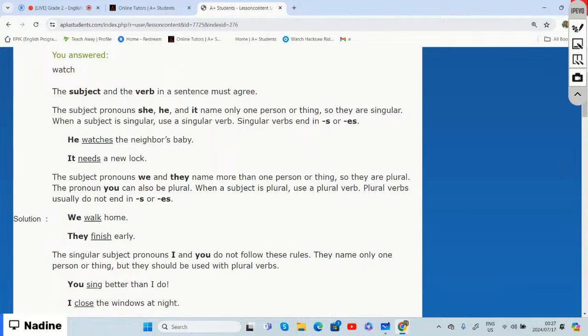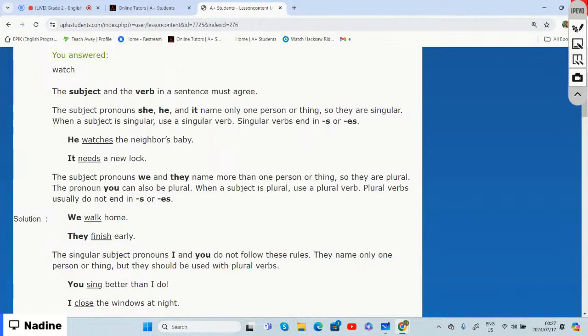Which means that our pronoun takes the place of a noun. So instead of saying the person's name, we can just say he or we can say she. And that refers to us making mention of one person, right?